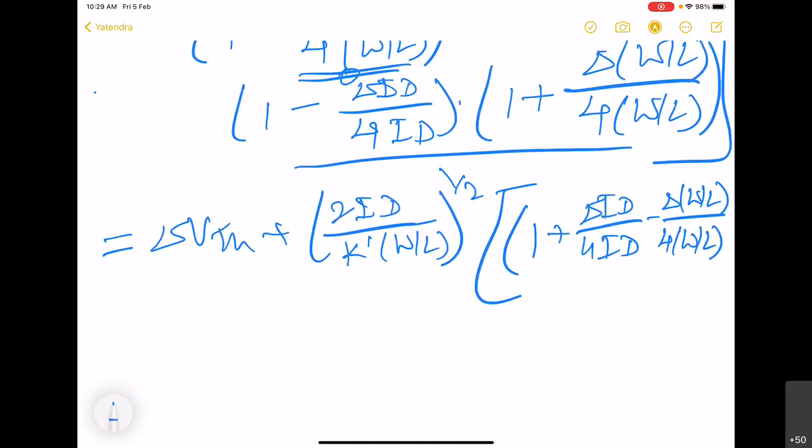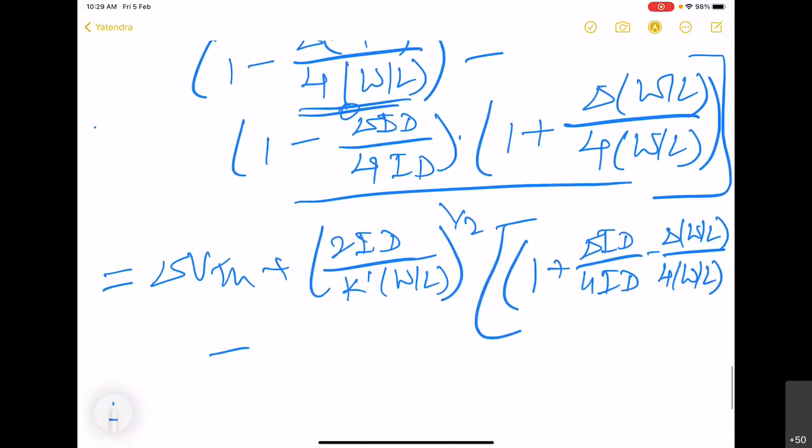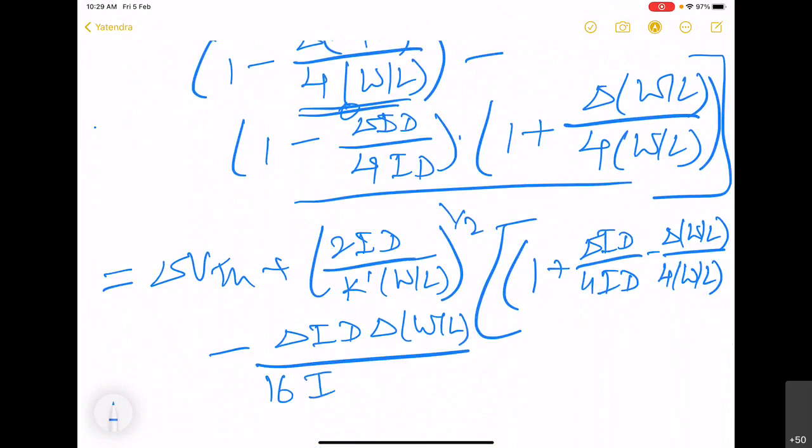So that is going to be minus delta ID delta W by L divided by 16 ID W by L. So these are the four terms from the product of the first one.